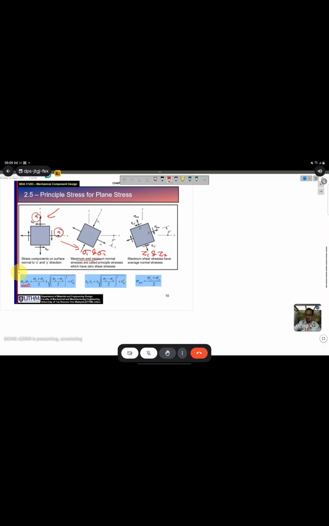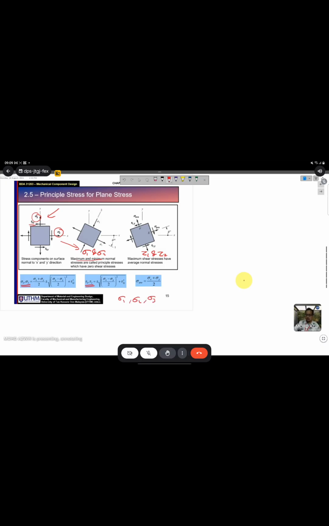And then the other condition, when we rotate a little bit more, your shear will become maximum, but your normal stress will become the average value. So you need to check both conditions. You need to calculate sigma 1, sigma 2, and also sigma 3.